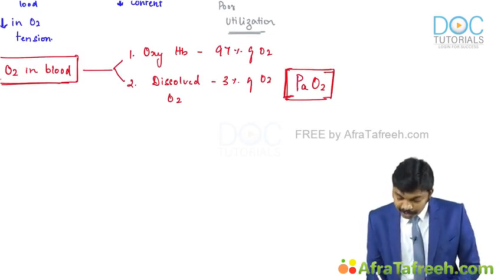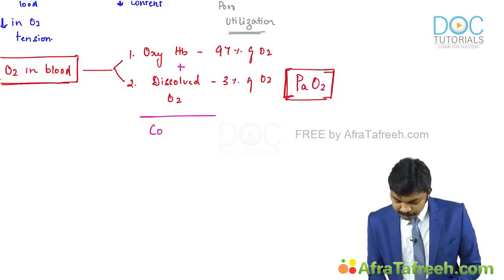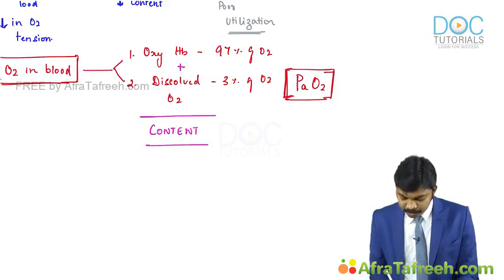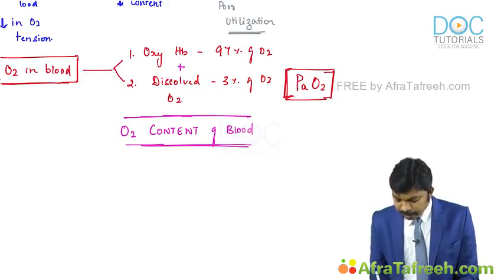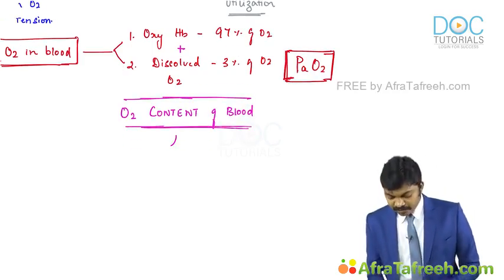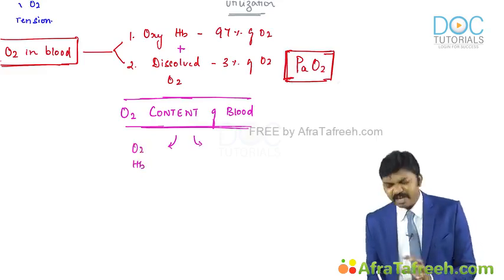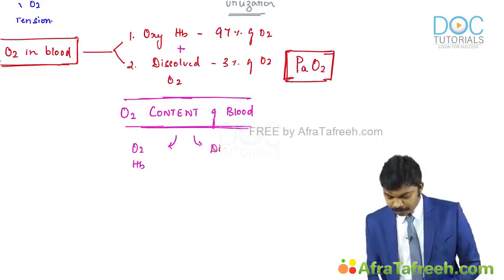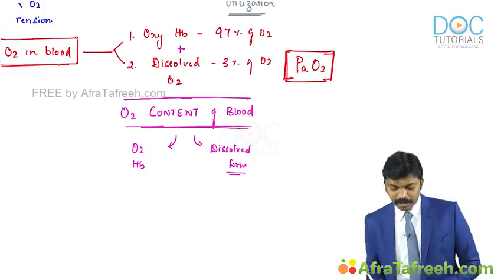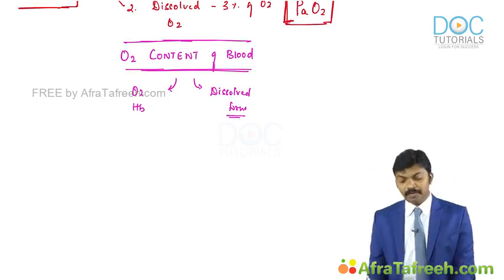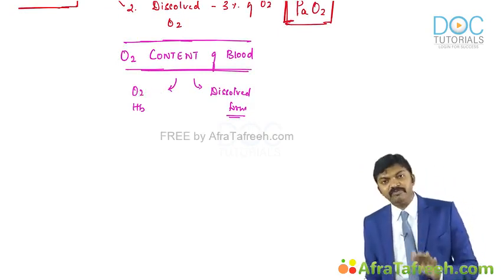So oxyhemoglobin does not contribute to partial pressure, only the dissolved form does. The majority of oxygen is transported in the oxyhemoglobin form. Together, oxyhemoglobin plus dissolved oxygen form the oxygen content. So when we speak about the oxygen content of blood, the first and majority form is oxyhemoglobin, and the second form, a very little amount, is the dissolved form. Right, doctors? So when there is a reduction in either oxyhemoglobin or dissolved form, there is going to be a fall in oxygen content.